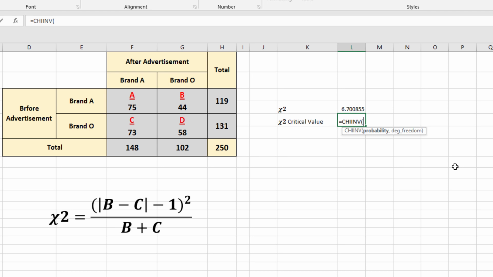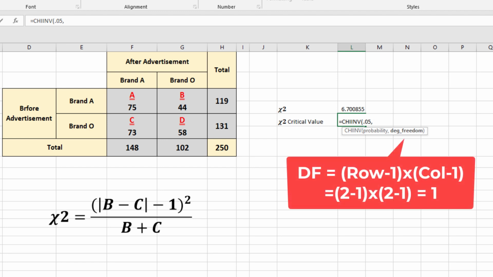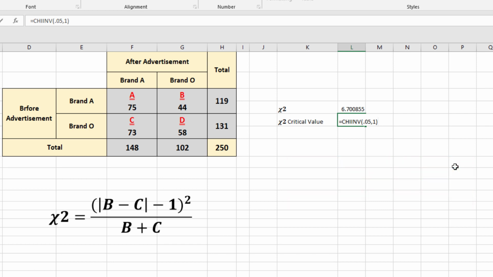Here 0.05 is our probability. Then the degree of freedom is 1, because the degree of freedom is row minus 1 into column minus 1, that is 2 minus 1 into 2 minus 1, which is 1. Close the bracket.